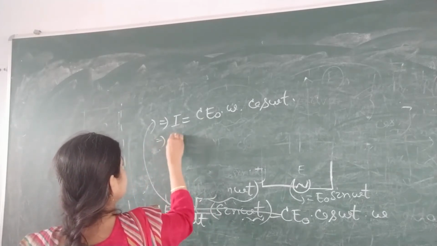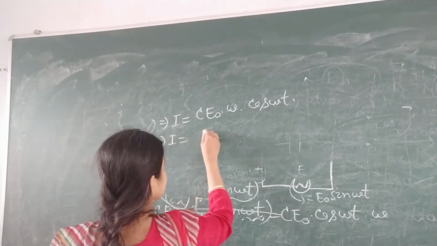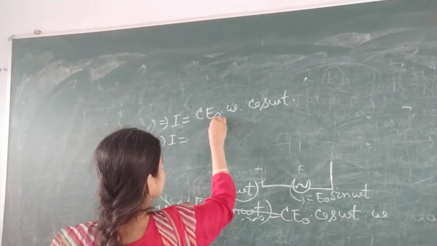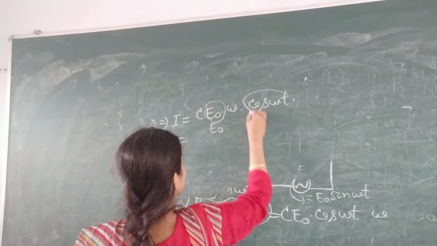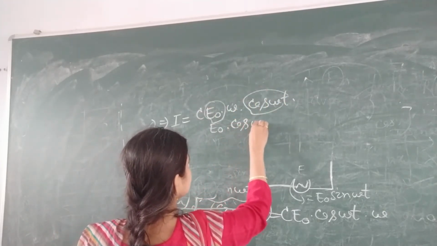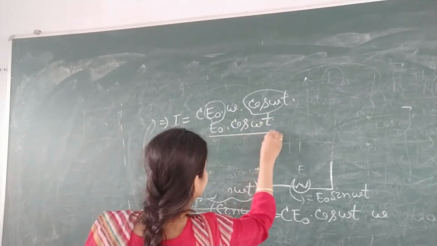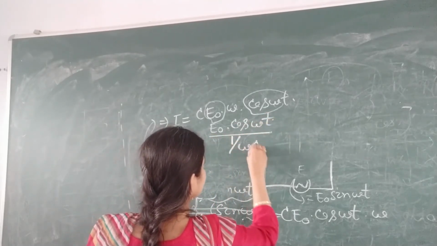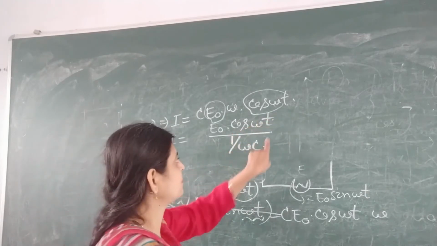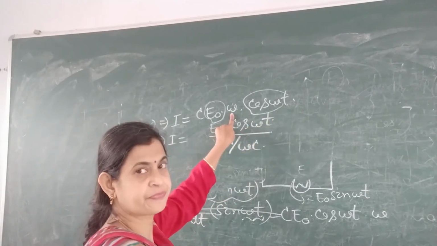Or that is equal to E0 into cos omega t divided by 1 by omega C. Both the expressions are same.